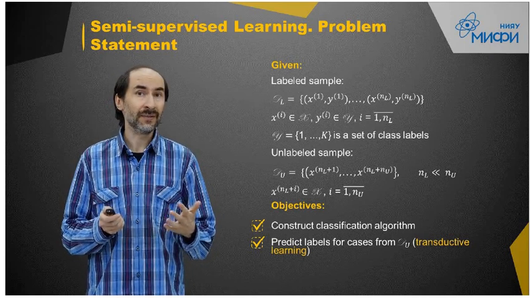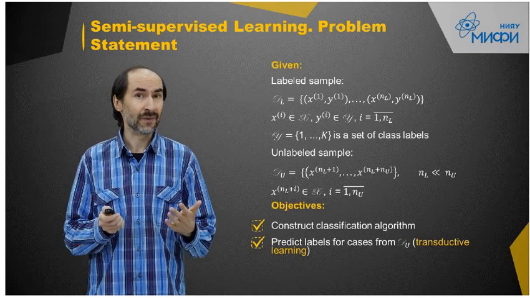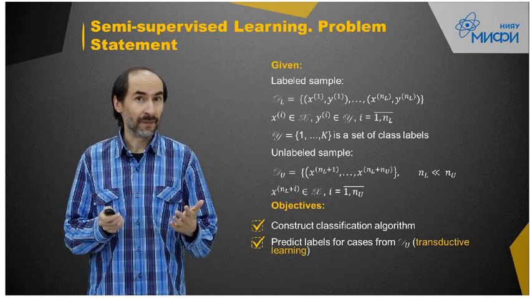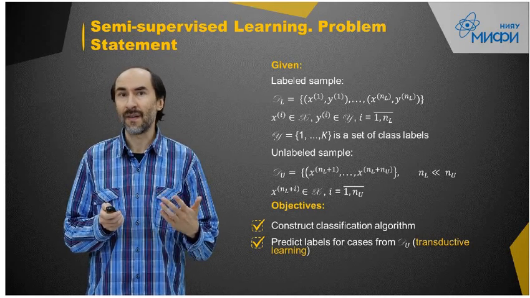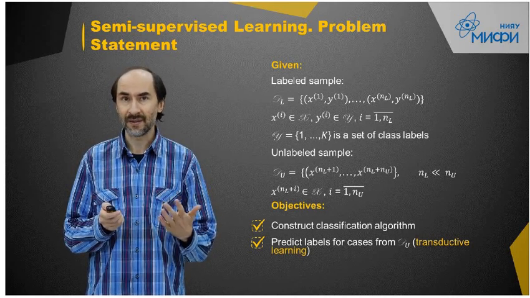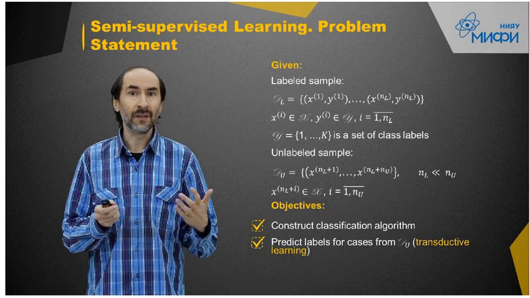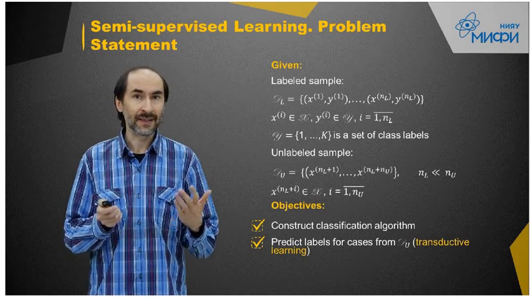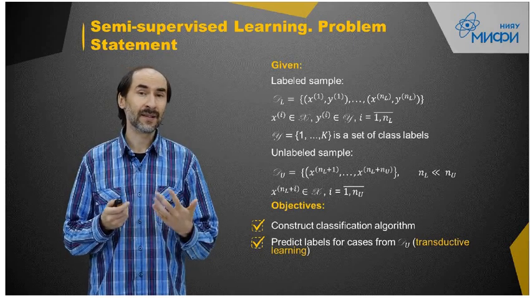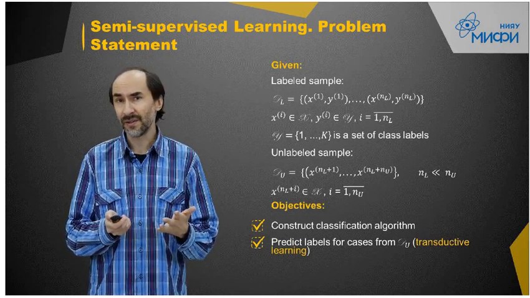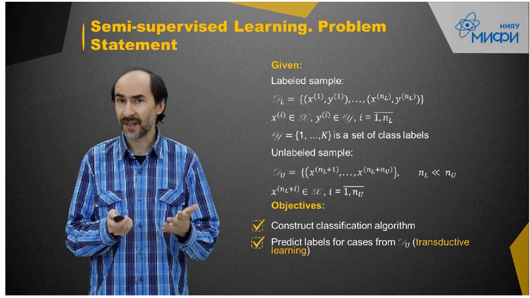It's true, but if we need to predict labels from D sub U only, then we don't have to worry about the generalization capabilities of the model. We know a priori the data for which the model will be applied. And as a result, some specific approaches can be used in transductive learning.